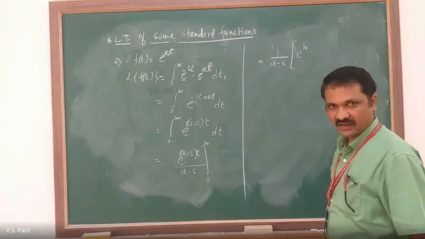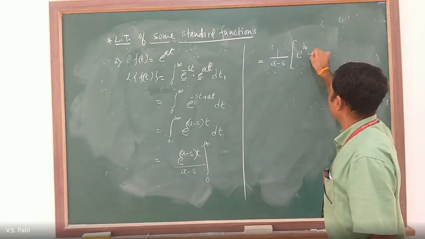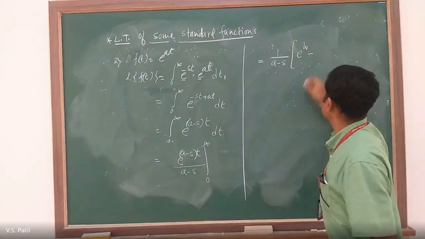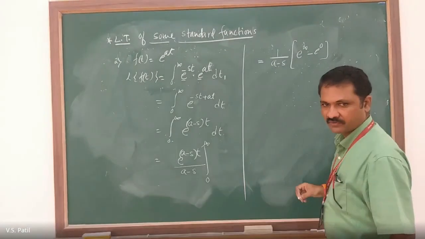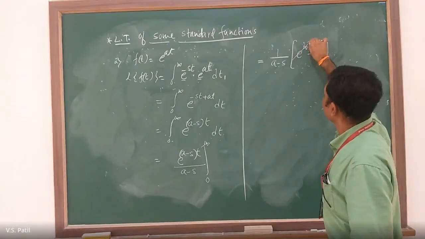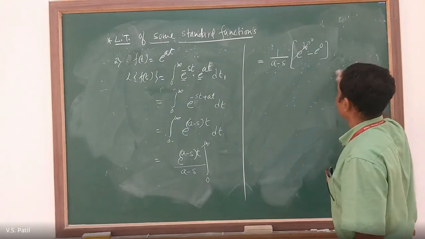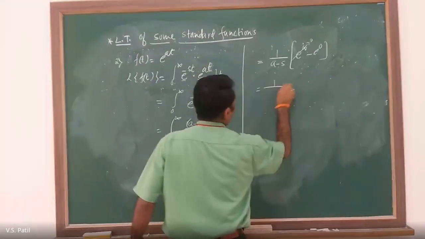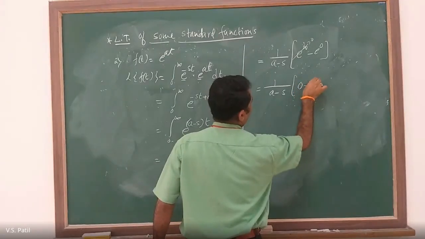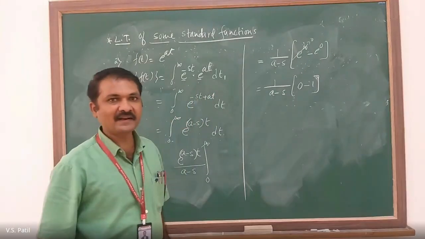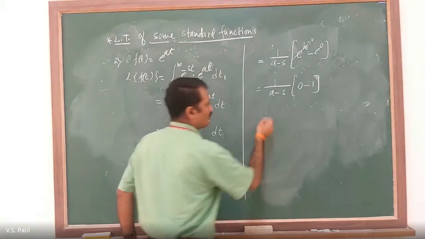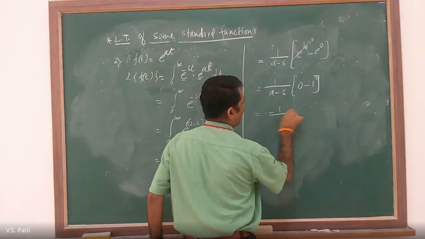Minus, put t equal to 0, this becomes 1 times the constant, so again this goes to 0. So finally, what will you get here? 1 divided by (a minus s).